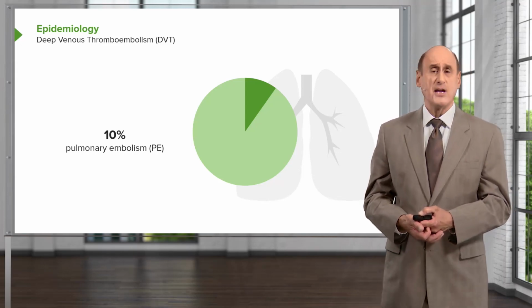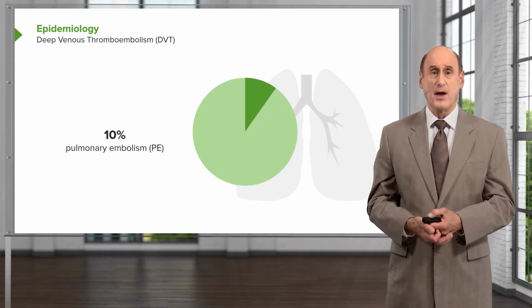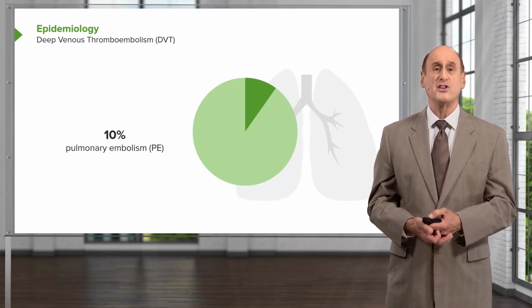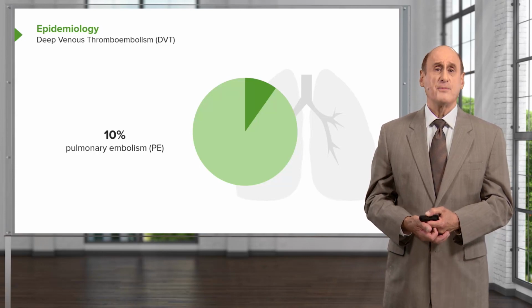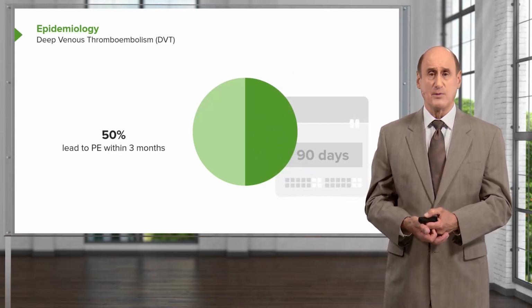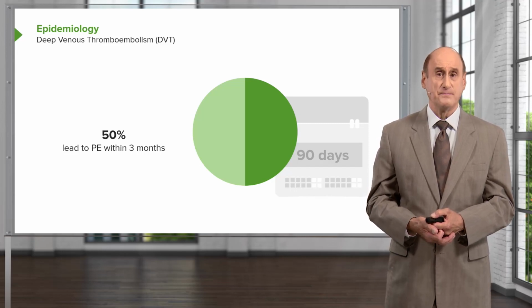So many patients with DVT don't develop pulmonary embolism, but as we've said, when they do develop pulmonary embolism, it's potentially fatal. 50% of untreated proximal DVTs lead to pulmonary embolism within 90 days or 3 months.